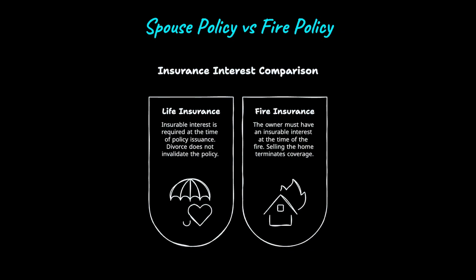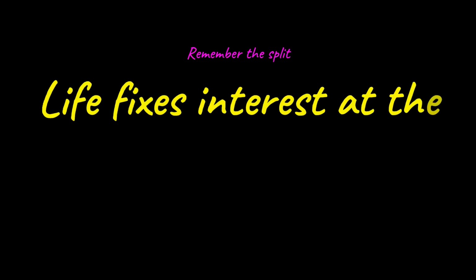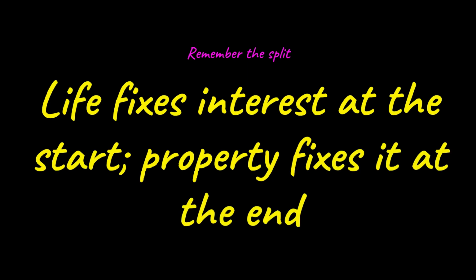Now contrast a homeowner's fire policy, where the owner must still hold that interest the moment the fire happens, because property coverage restores a loss born right then. On the exam, whenever you see life or disability insurance paired with a question about timing, lock onto time of issue. Save time of loss for property and you'll never get this backward again.